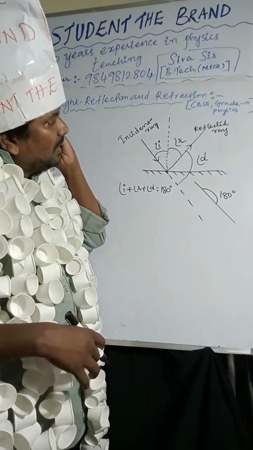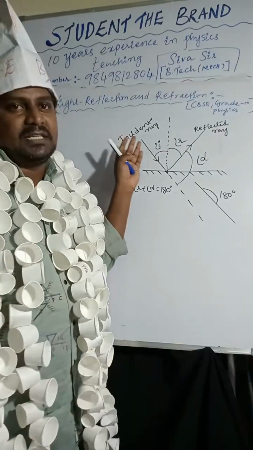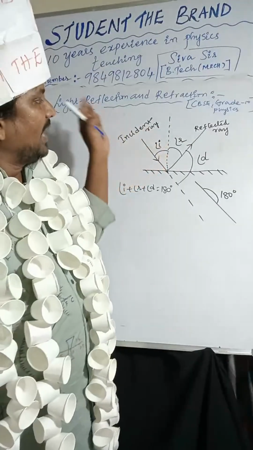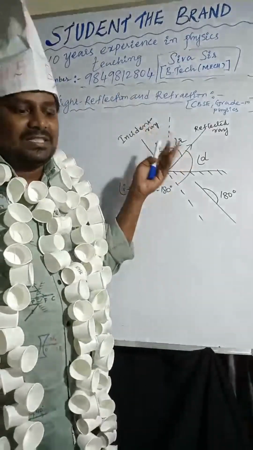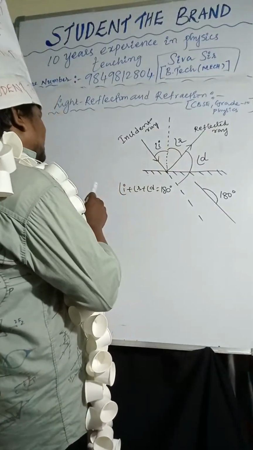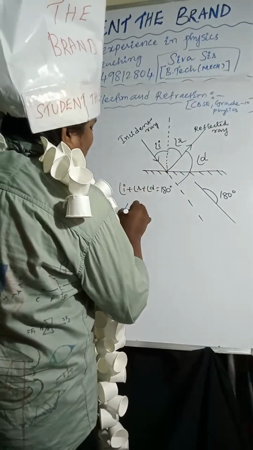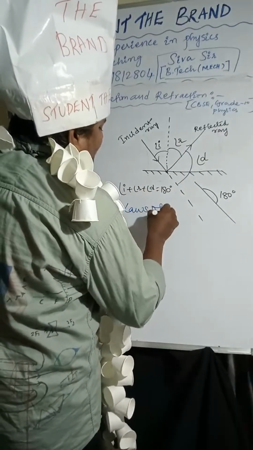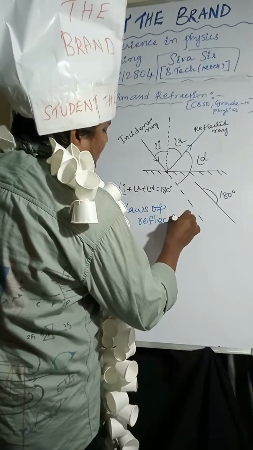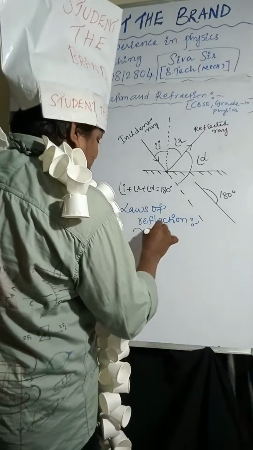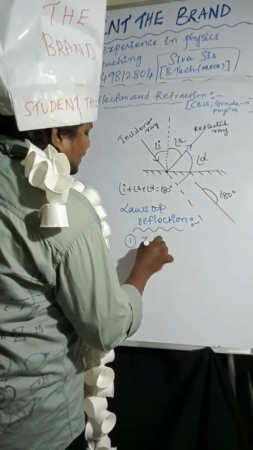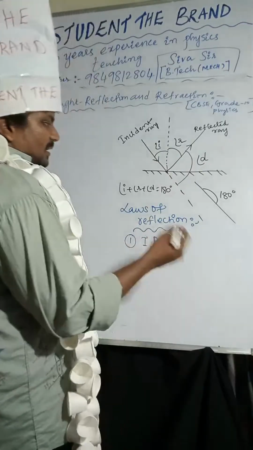Here we can go with the laws of reflection. The first point: the incident ray, reflected ray and normal line lie in the same plane.